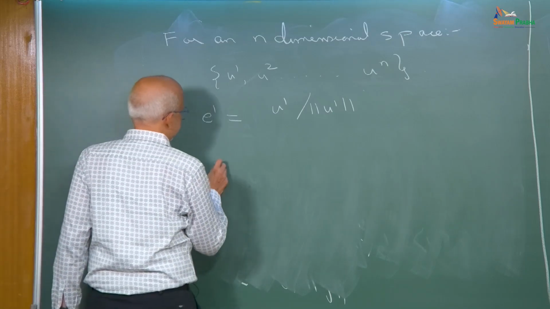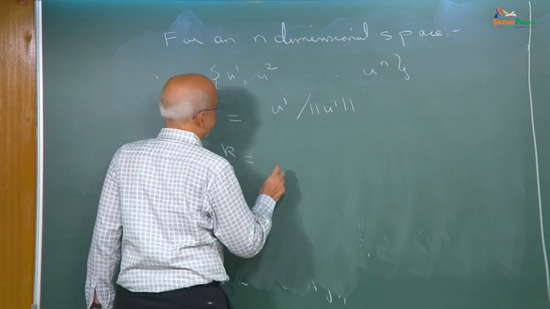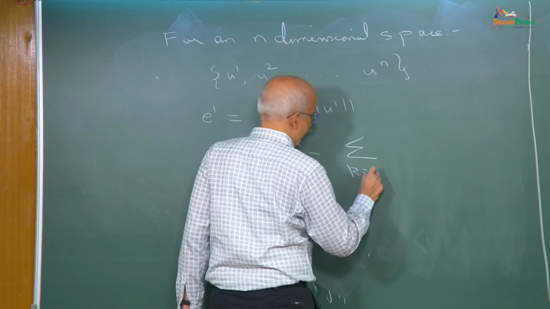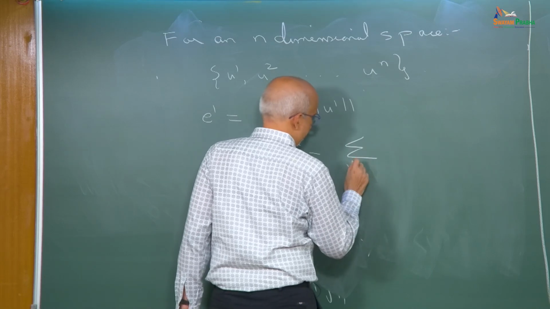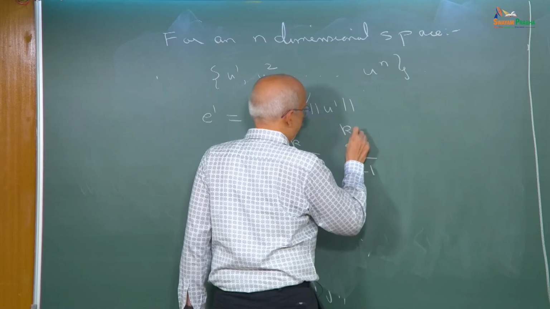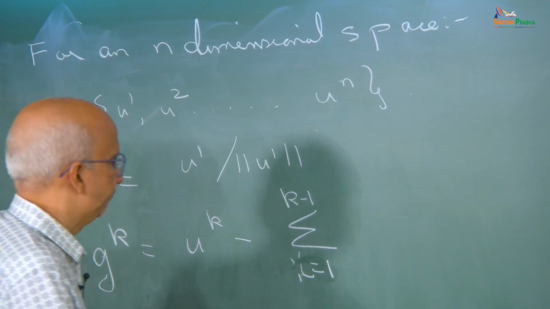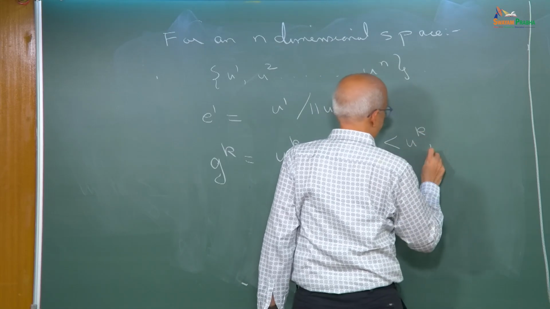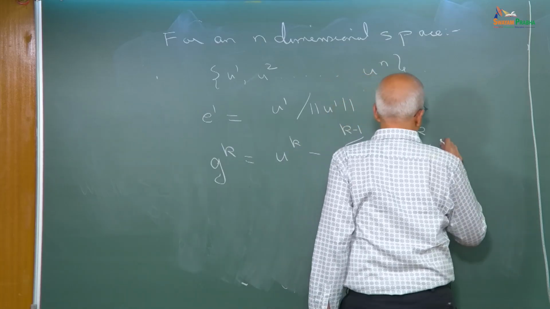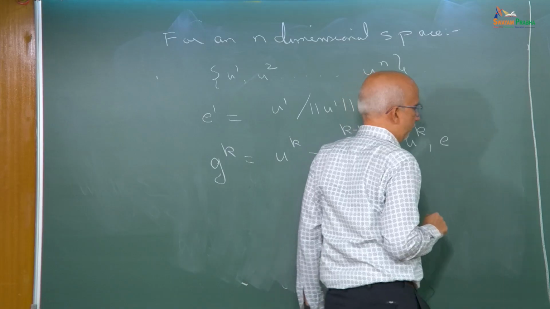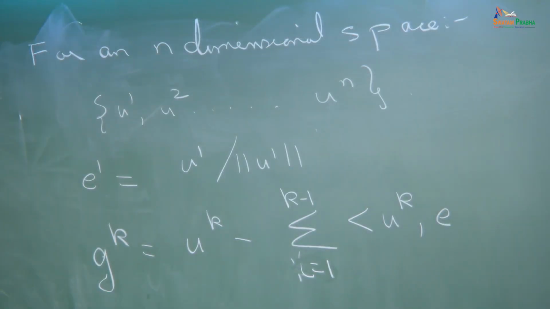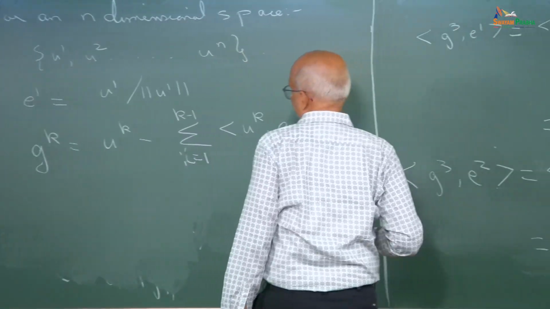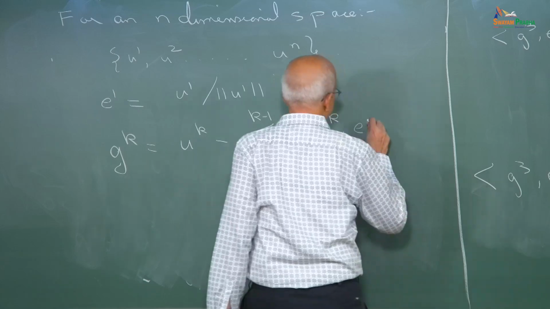And I am going to write Gk as Uk minus the sum over i equals 1 through k minus 1 of the inner product of Uk with Ei times Ei.